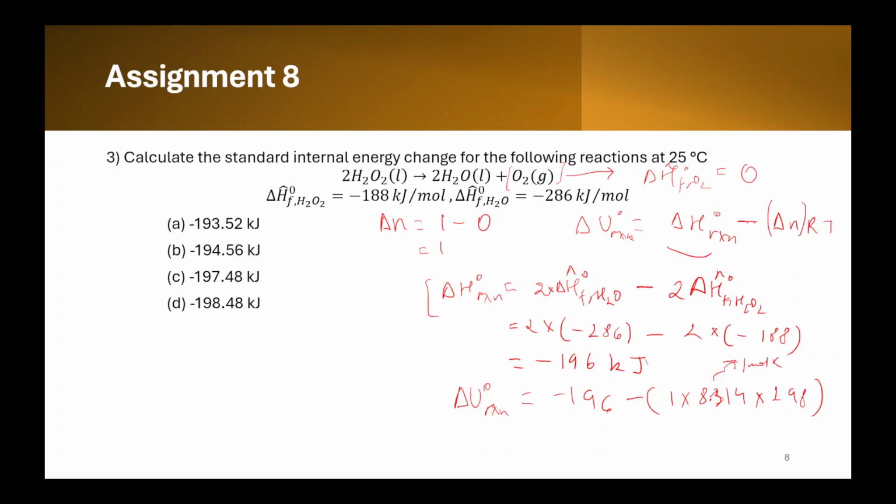R is in joule per mole per Kelvin, and this is in kilojoule. So we divide this by 1000. Keep the units consistent, please, while computing the correct answer. So minus 196 minus 1 into 8.314 into 298 divided by 1000.